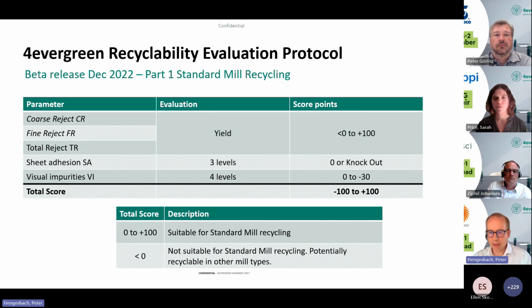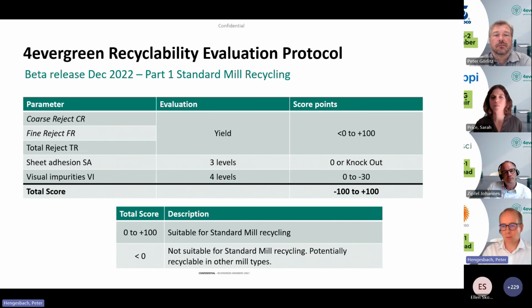Other quality parameters that you find in the scorecard are the sheet adhesion. Sheet adhesion describes whether there are tacky impurities, which cause issues in paper making, and this is potentially a knockout parameter. So if there are severe sheet adhesion issues, you might fail overall. This is why it's called a knockout criterion.